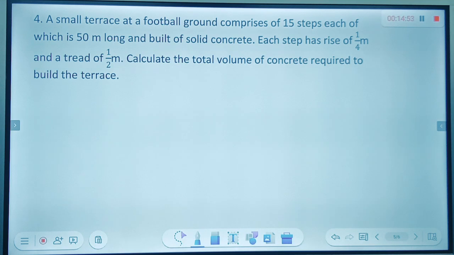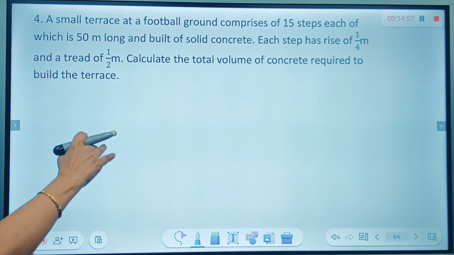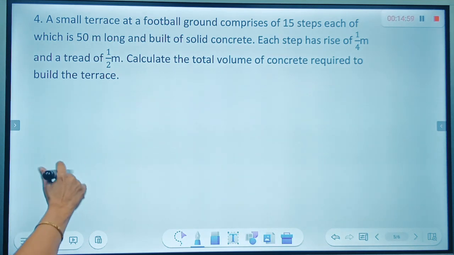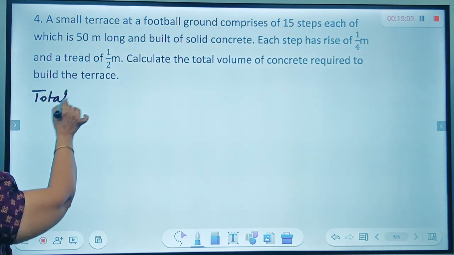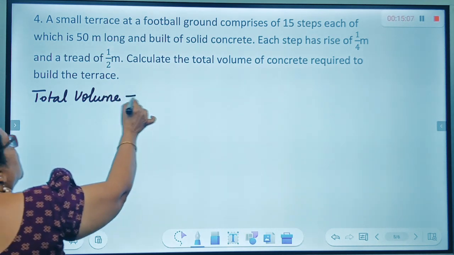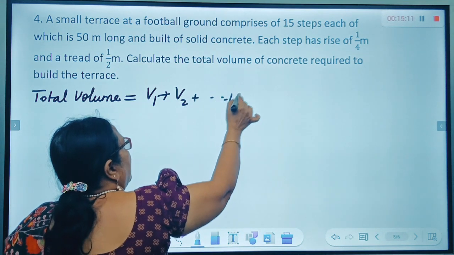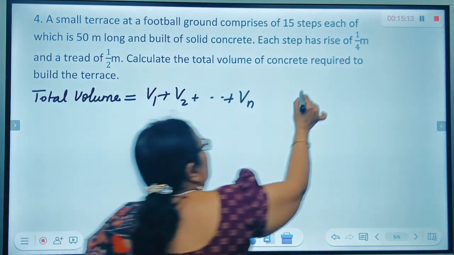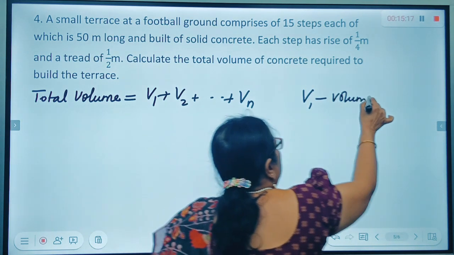Calculate the total volume of concrete required to build the terrace. So the total volume is equal to V1 plus V2 etcetera up to Vn, where V1 is the volume for step 1.